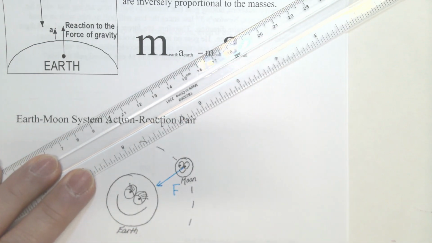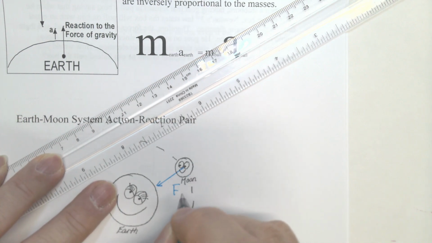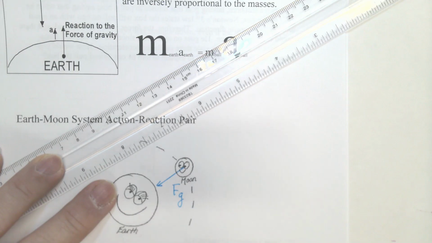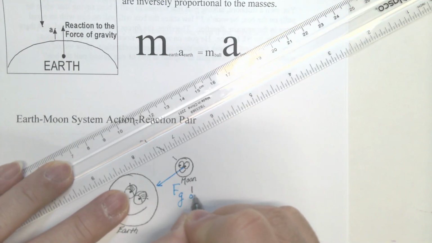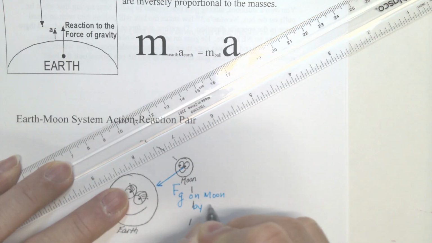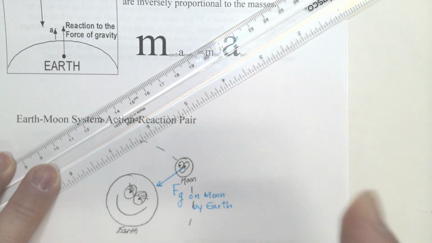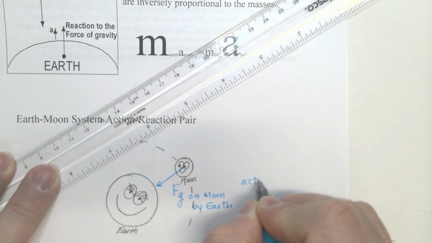So this is the gravitational pull on the moon by Earth. Okay? Gravitational pull on the moon by Earth. Well, that's the action force.